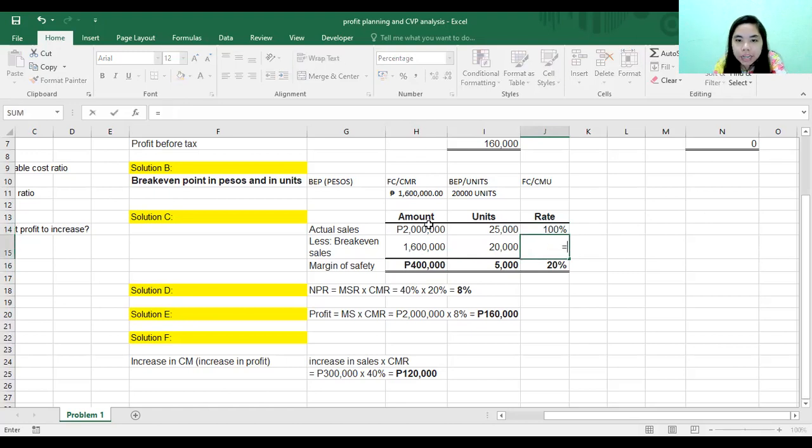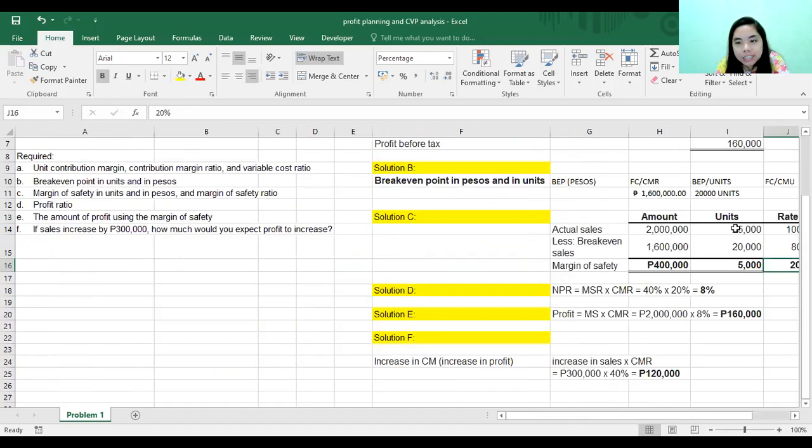You choose either amount or units, but I will choose the amount: break-even sales of 1.6 million divided by 2 million actual sales. So 80% is your break-even sales, and to get your margin of safety, simply take 100% less your 80% break-even sales, so 20%. So you have a 20% margin of safety.